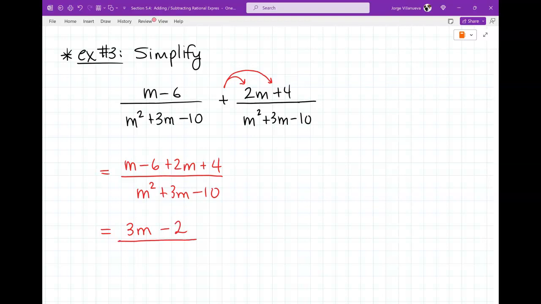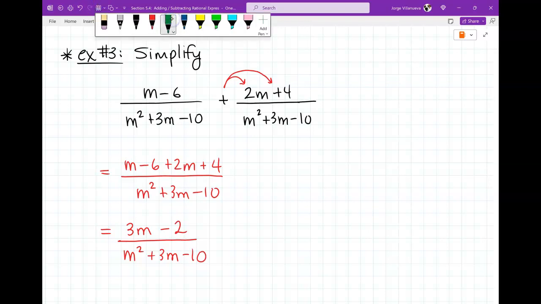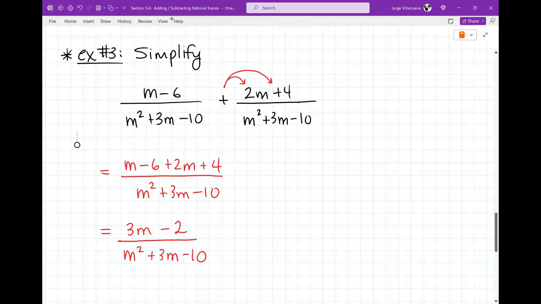And then on the bottom, I have m squared plus 3m minus 10, right? But now I'm going to do a little bit of side work, because I can probably factor that trinomial, and maybe there's a 3m minus 2 in there. Maybe not. Who knows? So let's see. M squared plus 3m minus 10. A is 1.